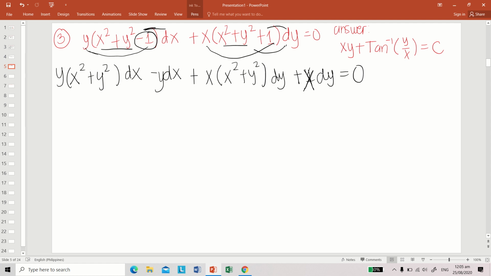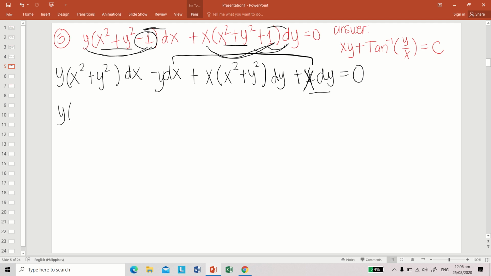Because we will distribute y and then the dx. And then also in here, we're going to distribute x in 1, x multiplied by 1, and then dy multiplied by 1. So we're going to have x dy on this side. By pairing up all the terms, I'll rewrite it first.